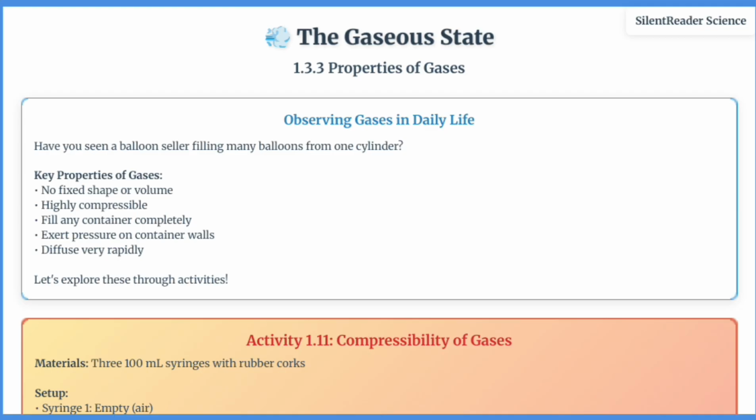LPG for cooking, CNG for vehicles, and medical oxygen are all stored as compressed gases. Gases also diffuse very rapidly, that's why we can smell perfume from across a room. The large spaces between gas particles allow them to be compressed and also enable rapid diffusion. Understanding gas properties helps us appreciate technologies like gas cylinders and explains natural phenomena like wind and air movement.